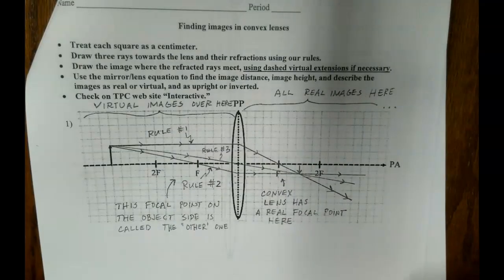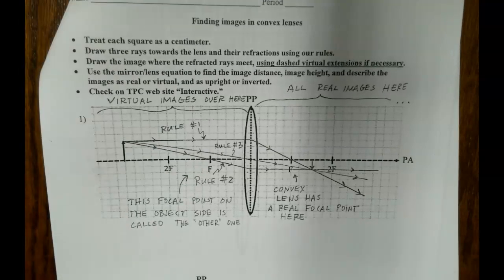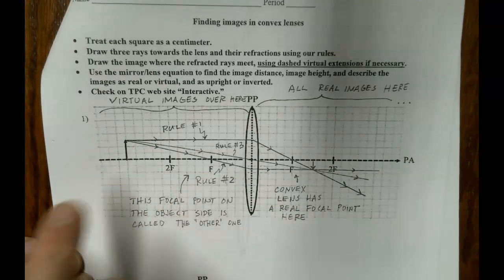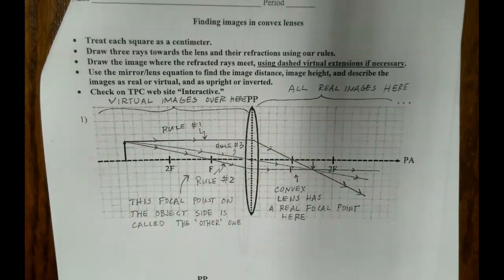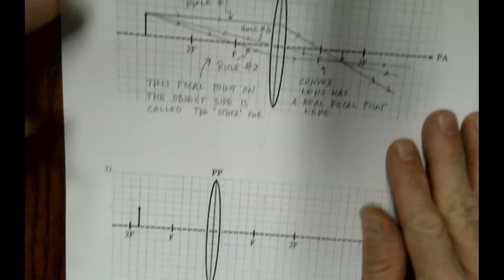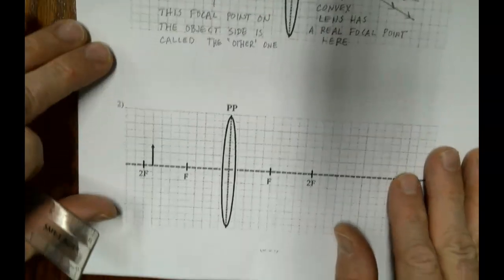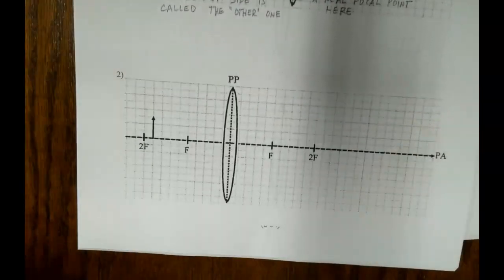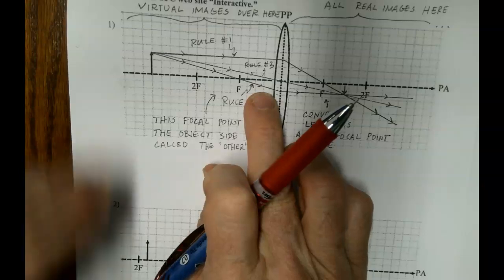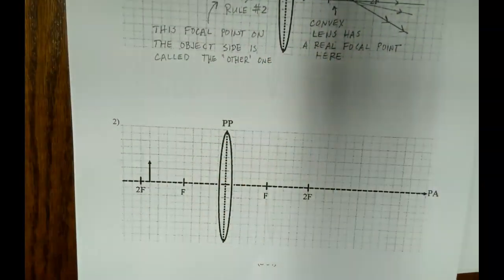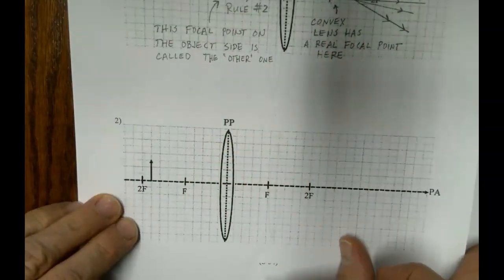On the first example, I have actually drawn one out for you, so this will give you something to refer to, but I'm going to do the second one kind of live here. I'll refer to each of the rules as we go along. By the time you've done this one with me and look back at number one, you should be able to see enough examples. Hopefully you can do the others on your own.